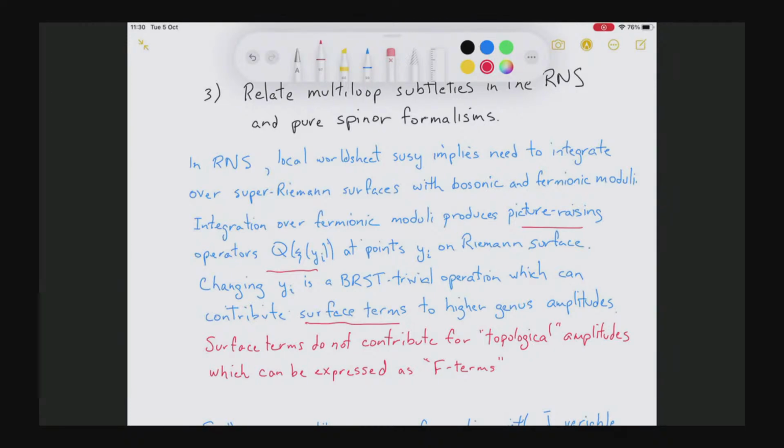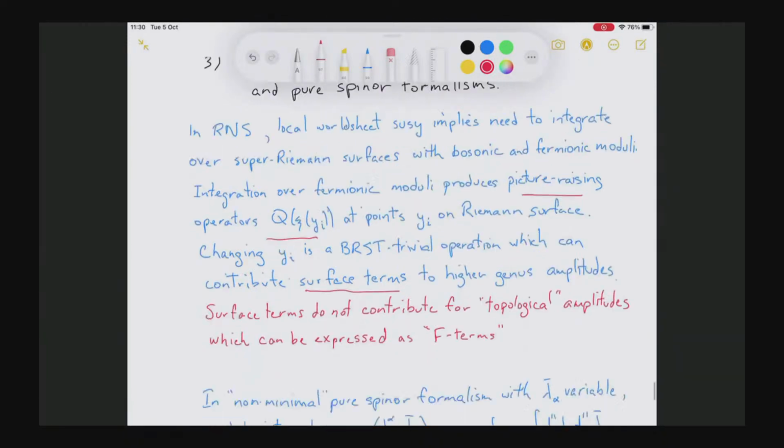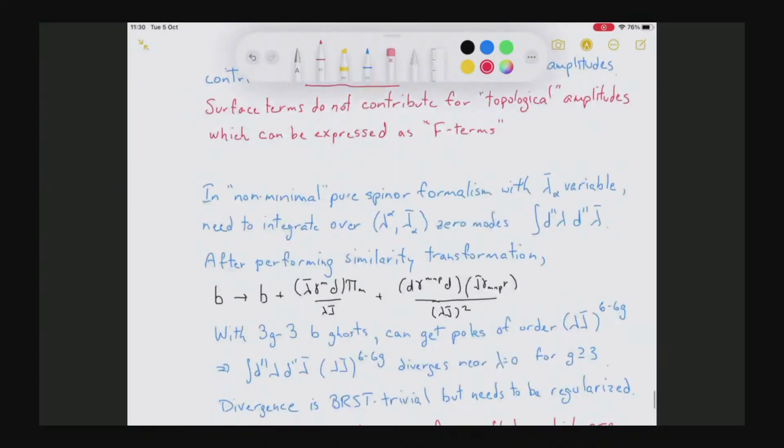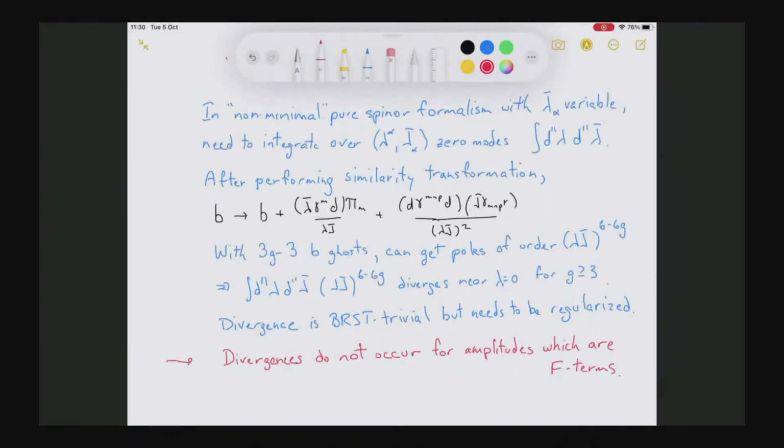So the hope is that these subtleties in the RNS formalism will be related to these subtleties in the pure spinor formalism coming from the poles when lambda lambda bar goes to 0. For these topological amplitudes, these F term amplitudes, the splitness is not an issue. There are certain amplitudes you can compute at higher genus, even infinite genus, where you don't need to worry about the moduli space not being split.